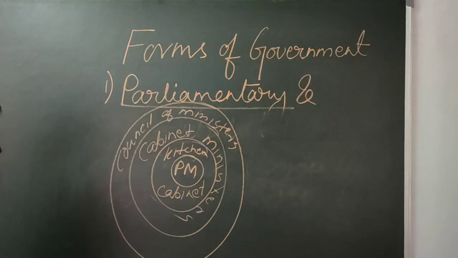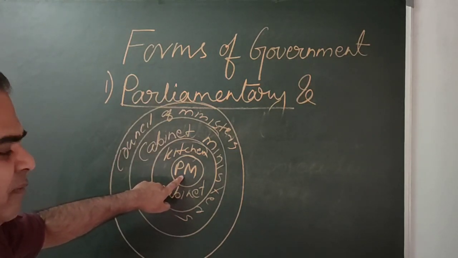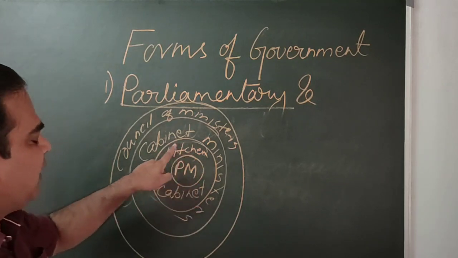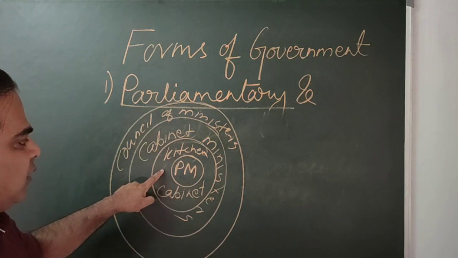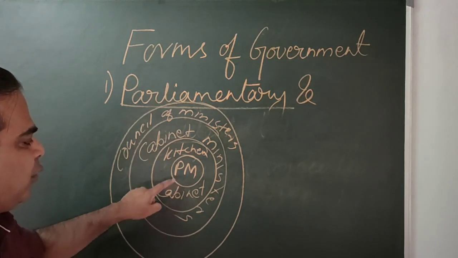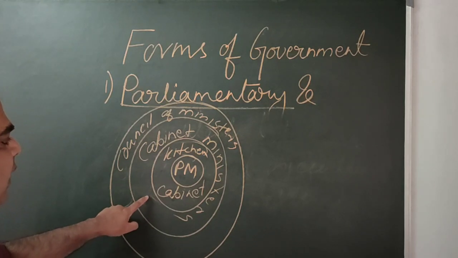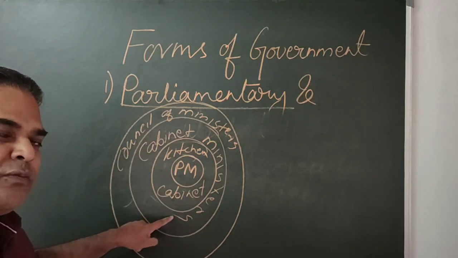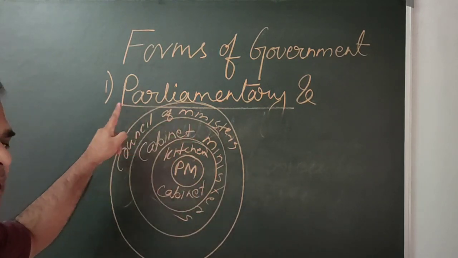So once again, let me tell you, the wheel within the wheel, the inner wheel. Here lies the Prime Minister. The outer circle is the very close ministers, those who form the kitchen cabinet, very close to the Prime Minister. The second circle is the cabinet ministers, those who also hold important portfolios, and the outer circle is the Council of Ministers as a whole.